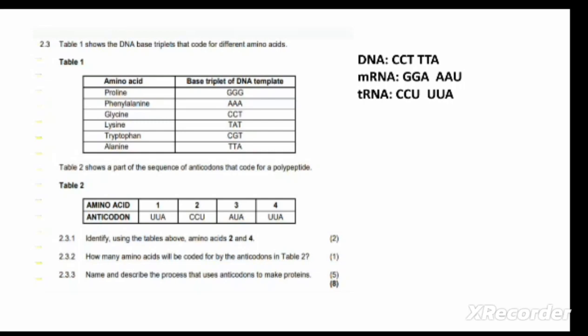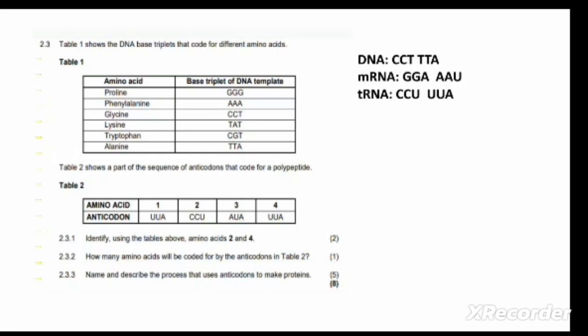UUA at 4. We're going to find mRNA first. So this sequence helps you. You don't just jump from tRNA to DNA. You move from tRNA first to mRNA, and from mRNA to DNA.